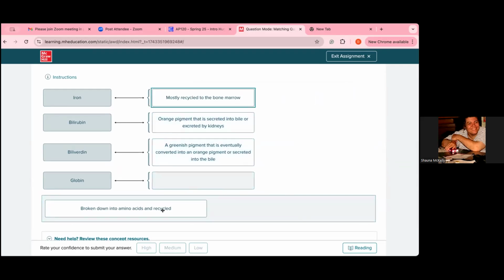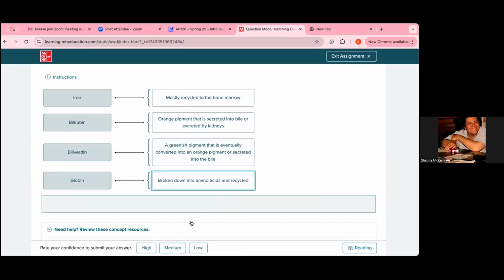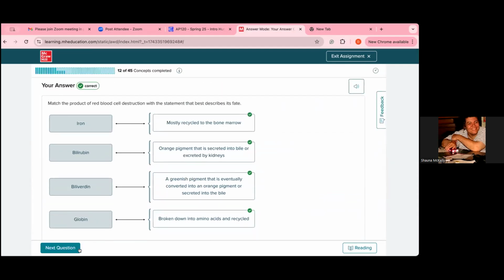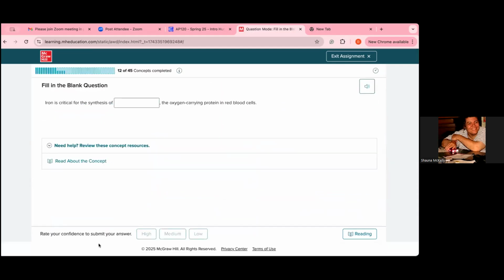And globin is broken down into the amino acid and recycled. Iron is critical for the synthesis of hemoglobin, the oxygen carrying protein in red blood cells. That's hemoglobin.